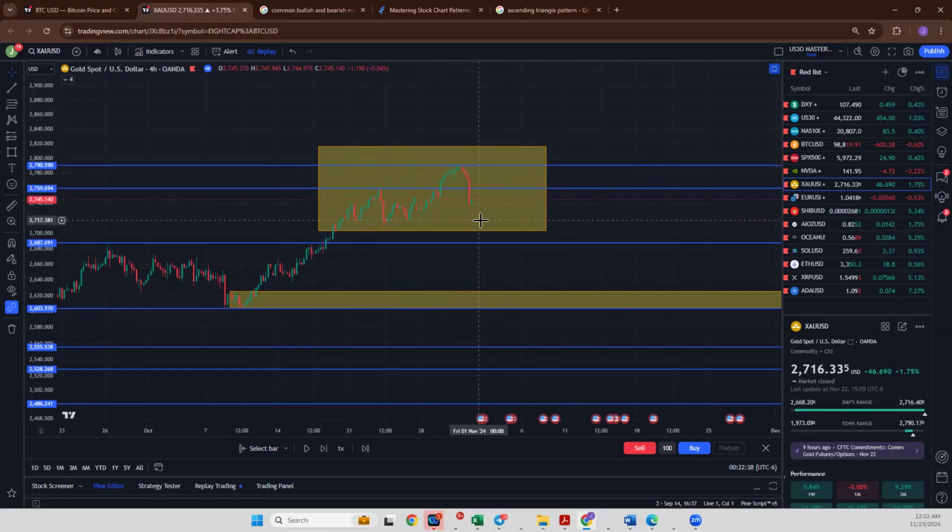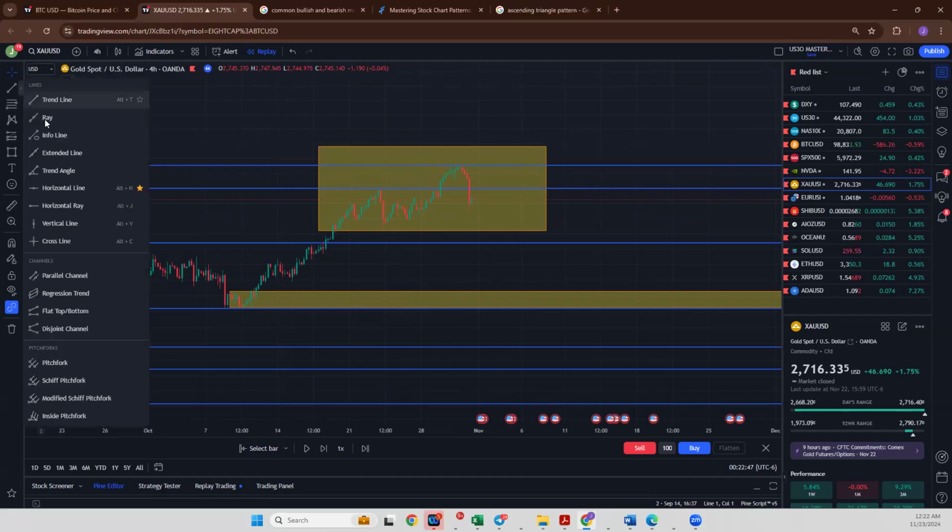Okay. So you want to get into the habit of not just identifying the pattern after it happens. You want to get to the point where you're able to predict the pattern while it's forming, right?